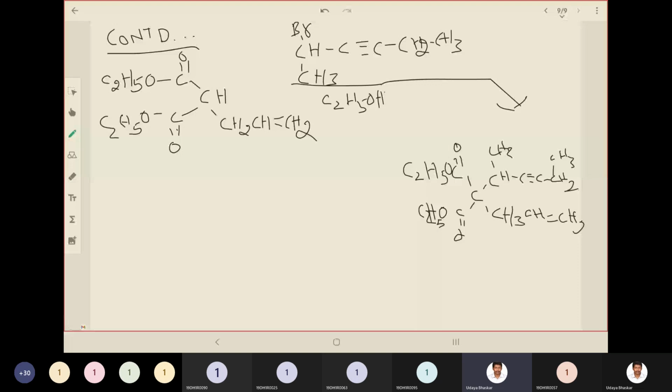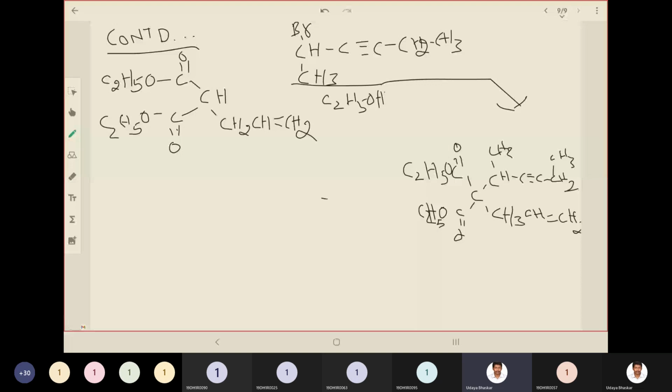From here, what we do, we add N-methyl urea. This is urea, which we have CH3. This is N-methyl urea, and we'll use base NaOH for the sodium salt.